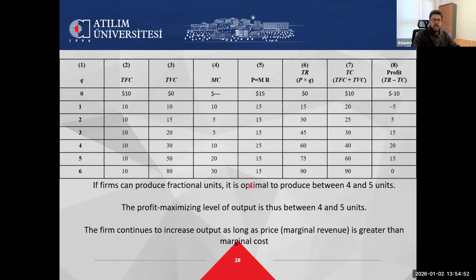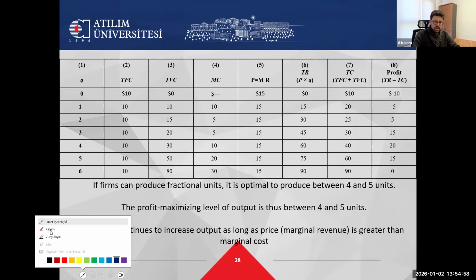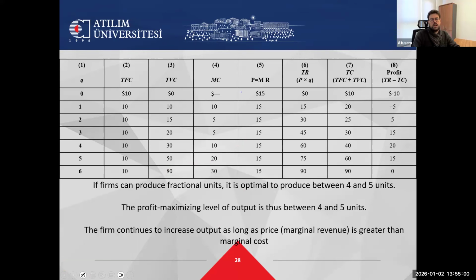What can I say? As long as marginal revenue is greater than marginal cost, we keep going. Let's check. That part is greater. Marginal revenue greater than marginal cost. But that part we can stop.